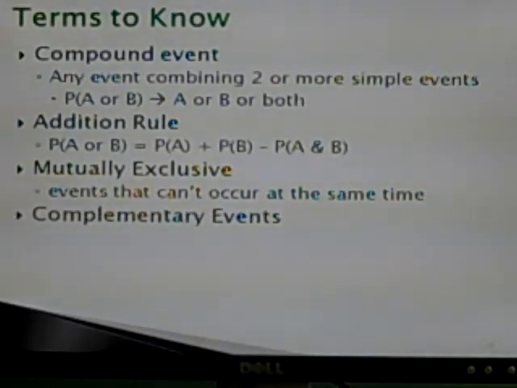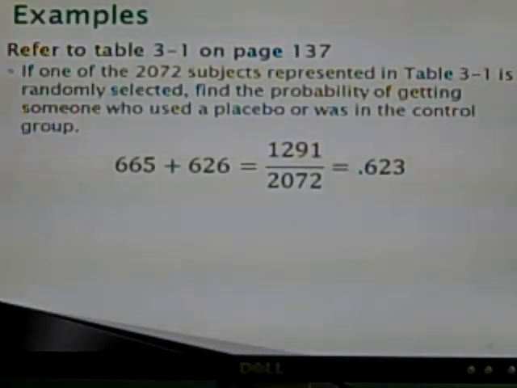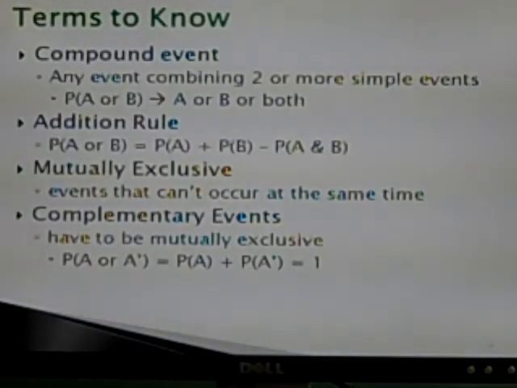We have complementary events, and these have to be mutually exclusive. Oops, it went way too fast, so let's back up a little bit. Our complementary events are expressed P of A or A prime, and that apostrophe after the A is the A prime.